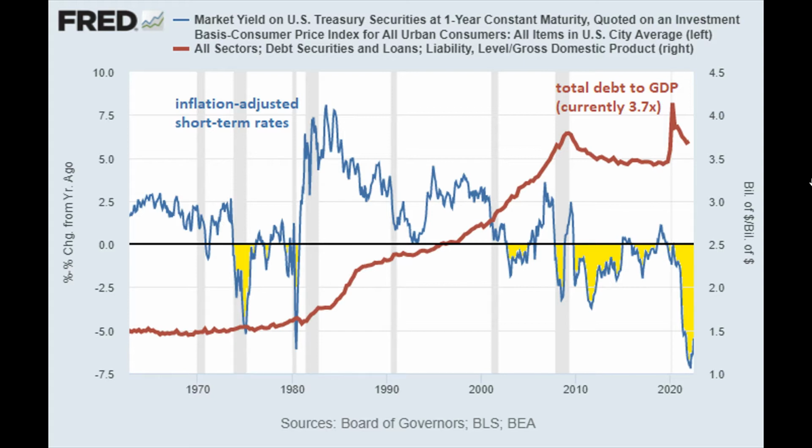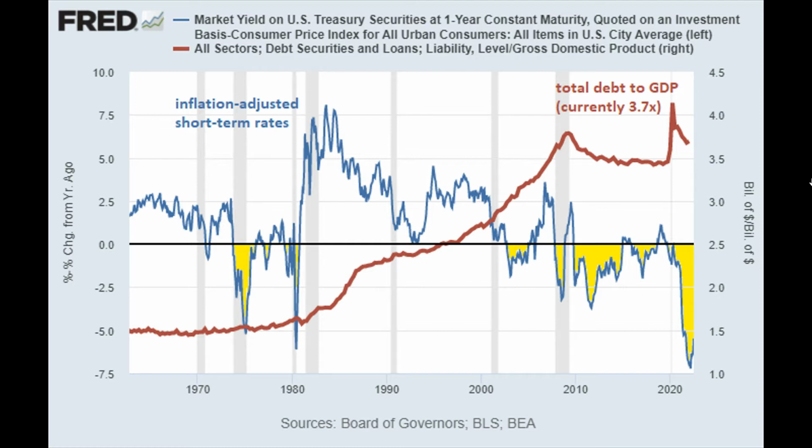So this is graphing the total debt to GDP of the U.S. government. Well, the U.S. as a country, as a red line, graphed against the inflation adjusted short term rates. So those are real rates, right?